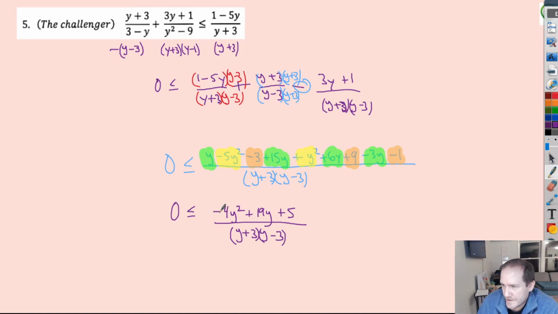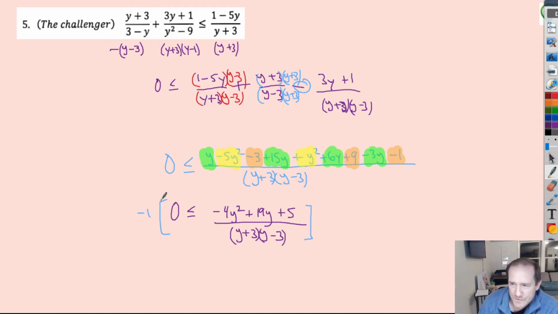Alright, I'm not a huge fan of leading negatives, so as much as I warned you against this, let's go ahead and multiply through by negative 1. And this sign will change, but that's fine, because I'm not multiplying through by a variable expression. I'm multiplying through by a thing that is always negative. So the sign flips, but it doesn't do that thing I was warning you about before. It doesn't generate case 1, case 2, where sometimes I'm multiplying by a thing that's positive.